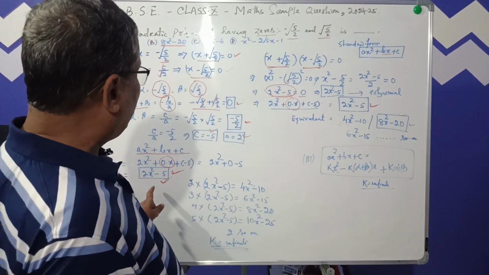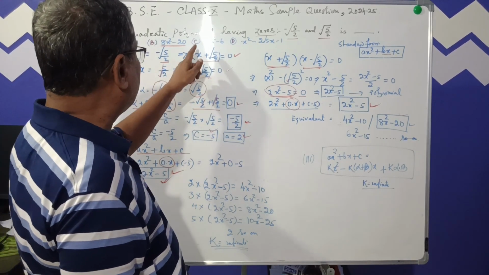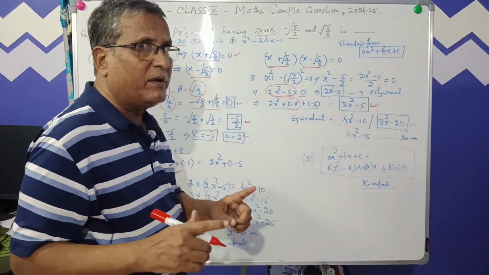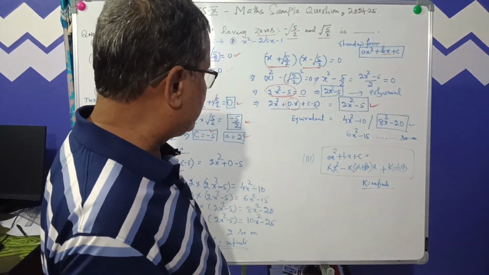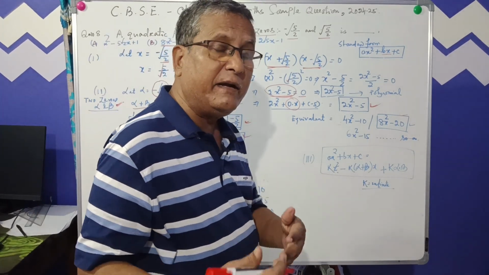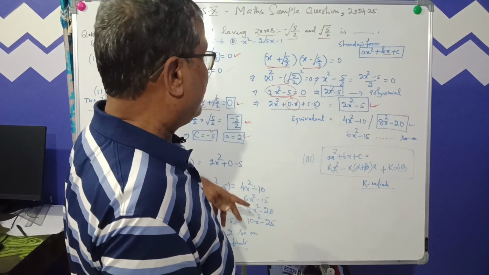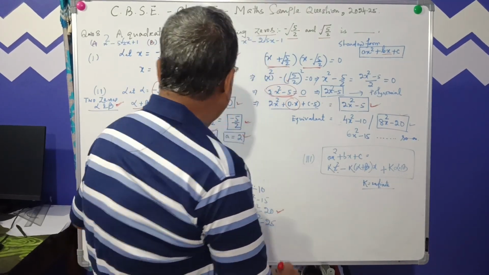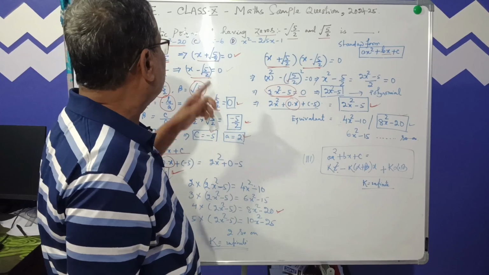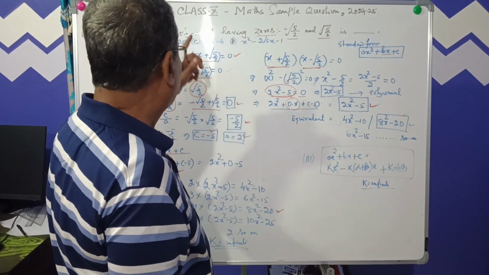But you see, tactfully, the question setter has not given 2x square minus 5 in the options. So if you are not clear about these equivalent polynomials for the value of k, infinite number of polynomials, you cannot find out this. Okay. So you see, this is the result. If you take 4 common here, that is 4 into x square minus... 2x square minus 5.